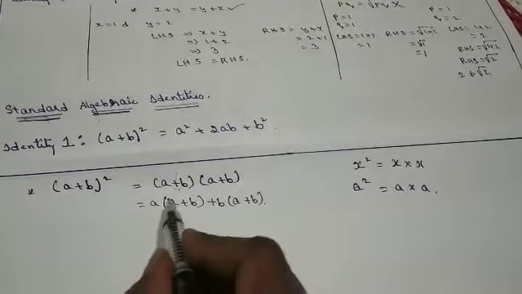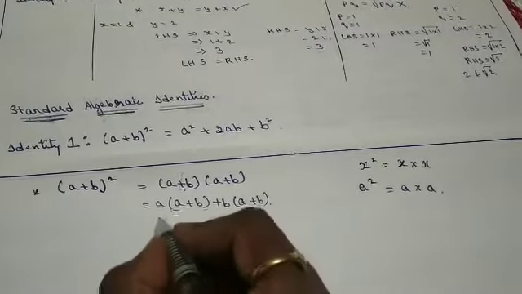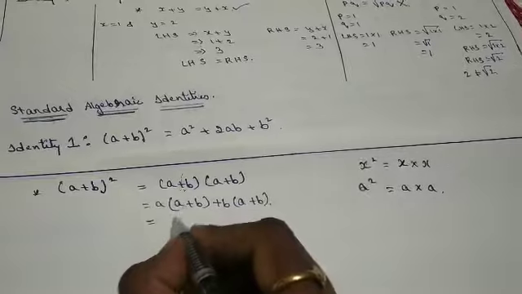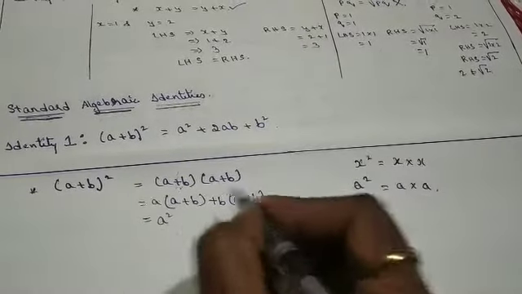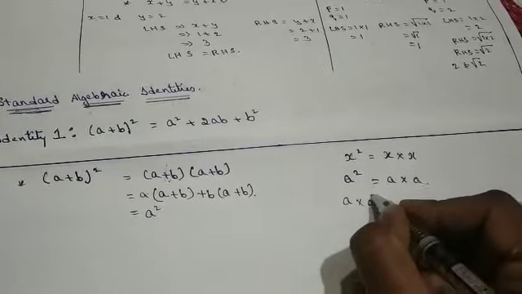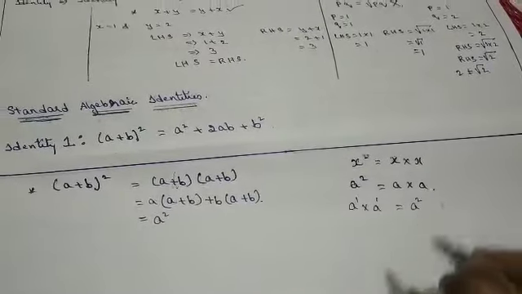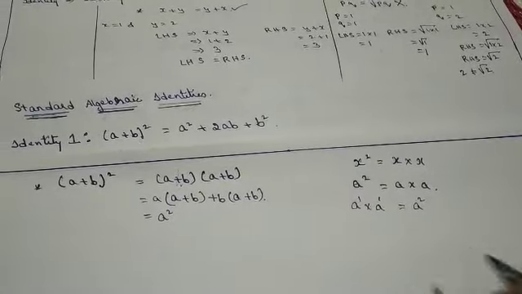Now apply the concept of multiplication of monomial with the binomial, that is a into a is nothing but a square. How? We have learnt in exponents, a power 1 into a power 1 is 1 plus 1 equal to 2. In the previous chapter we have learnt exponents and radicals.